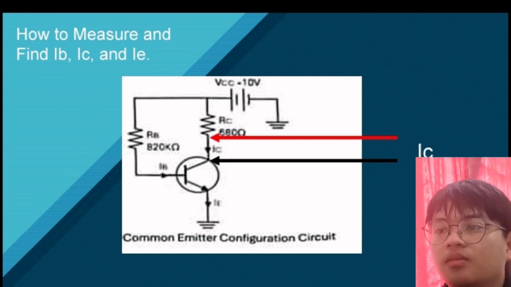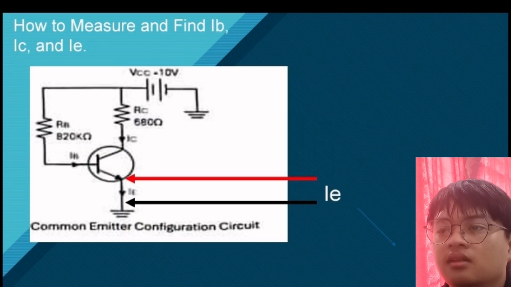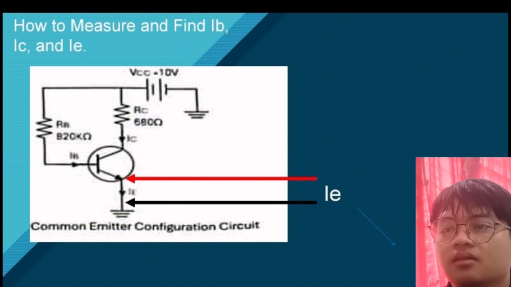You put the red probe under RC and the black one on IC. This is how to measure IE. You put the red probe on IE and the black one near ground.